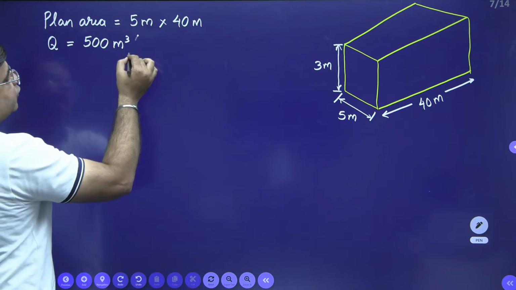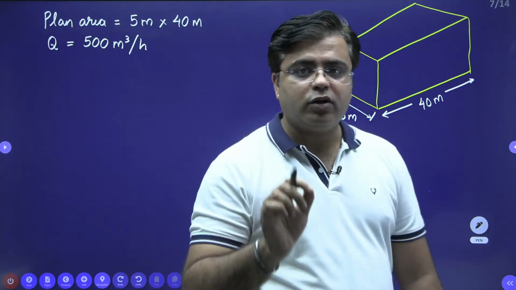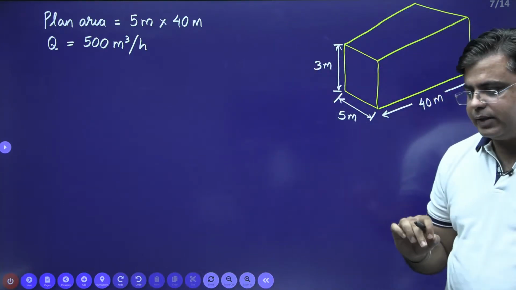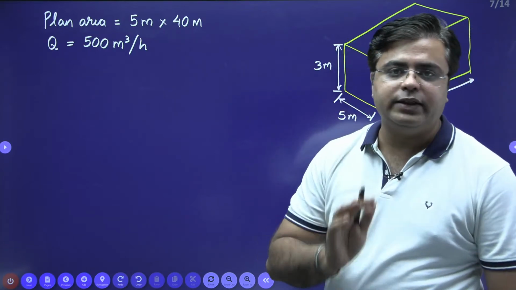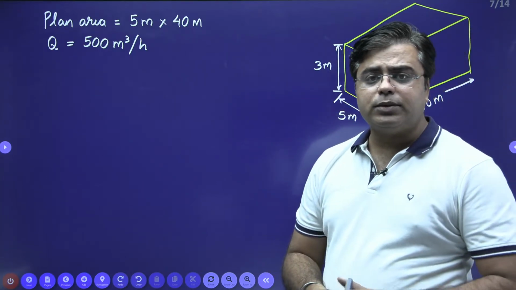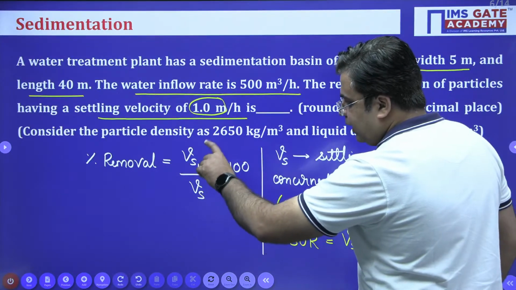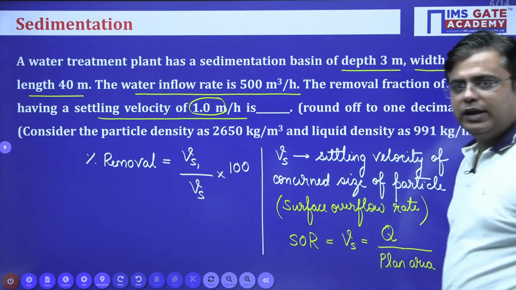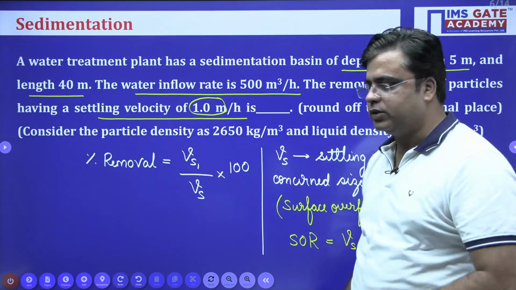Now in this type of question, my dear students, you should keep a special check on the units, because these types of easy concepts are asked to check how carefully you are observing the units. Every time you are substituting the values of Vs1 and Vs, please check that the unit of Vs1 is the same as that of Vs. That is the only trick played in these types of questions.